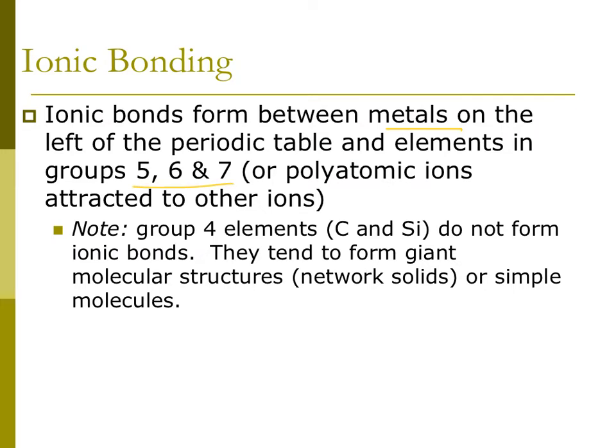But we're going to specifically narrow this down to groups 5, 6, and 7, not anything in group 4. We will discuss group 4 in Notes A when we talk about the network covalent bonding that occurs. But for right now, we're going to focus on ionic bonding between metals and groups 5, 6, and 7.